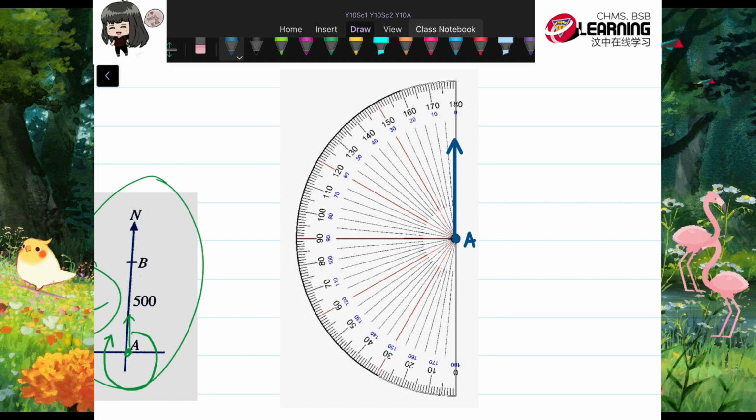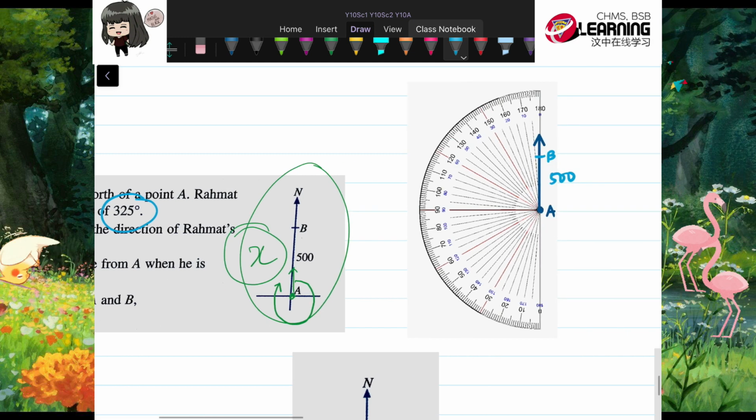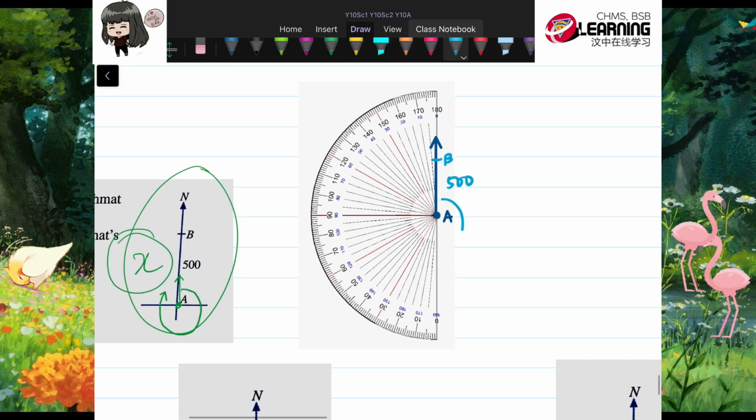You put your protractor this way, and B here is 500. So you measure 325 degrees, but if you want to measure 325 degrees in this direction, it's hard, right? Because you only have a protractor which is 180 degrees only.